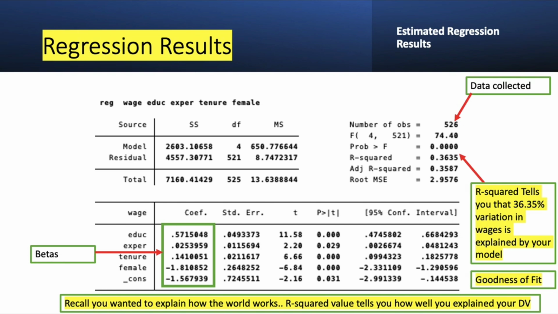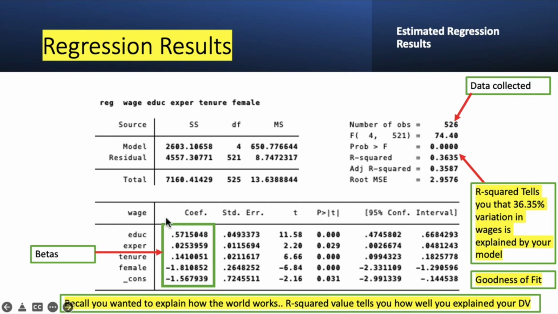Wages vary across people, and you want to explain variation in wages through education, experience, tenure, and gender. And the R square tells you how much of the variation in wages is explained by your model. In this case, these four variables explain 36% of the variation in wages.